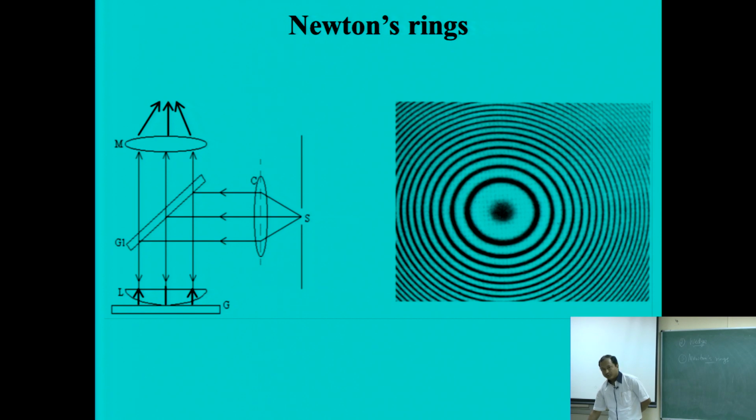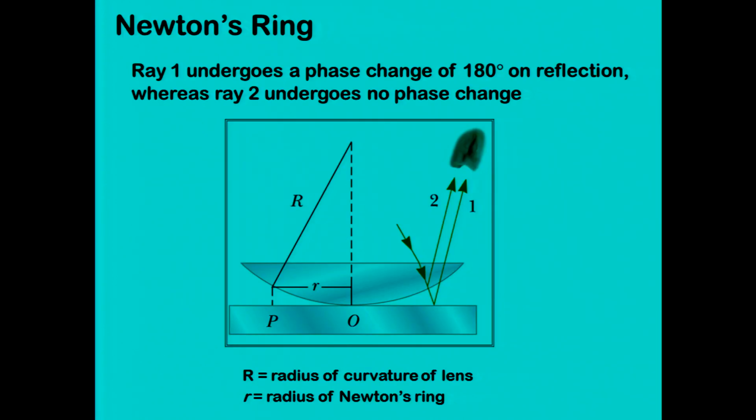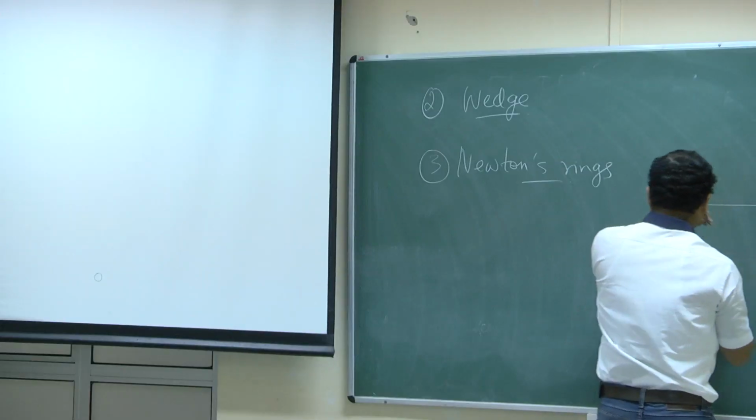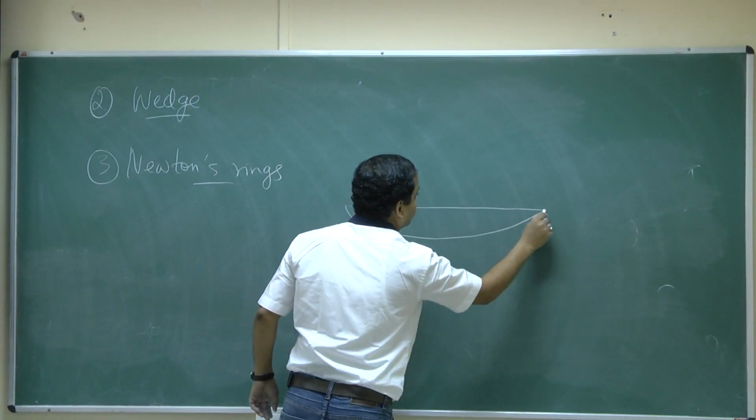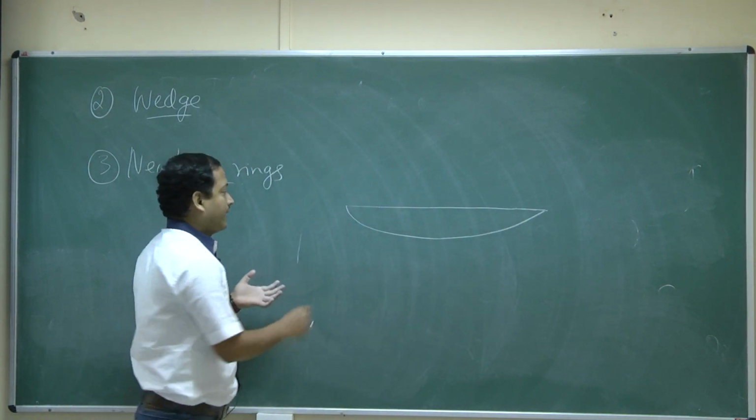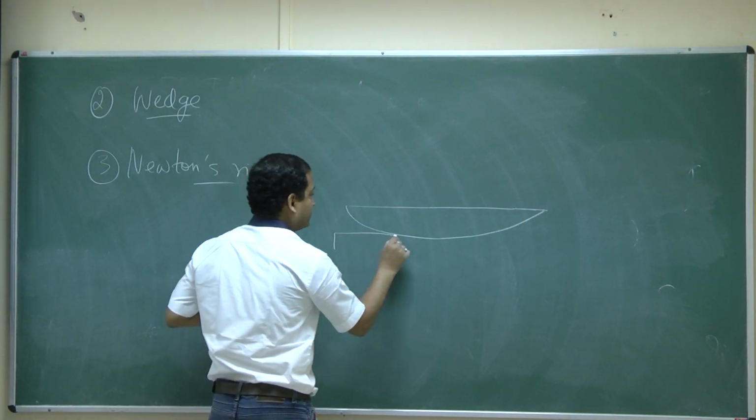If you blow up this part, this lens and this glass slide, it may look like this. Your setup is a very large lens, with an extremely large radius of curvature, and a glass plate.